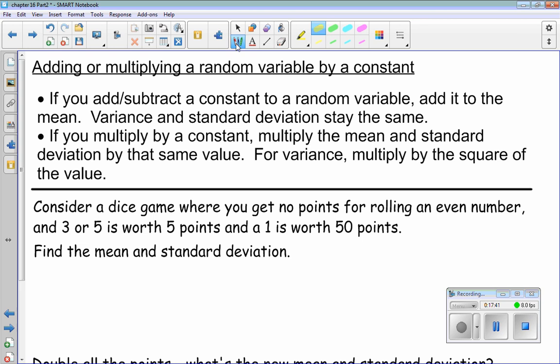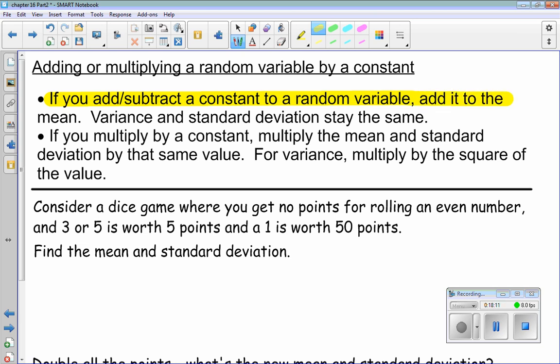All right. If you add or subtract a constant to a random variable. Now, when I say a random variable, what am I talking about? What we just did. We have to define it in a certain way, and we'll be defining what the random variable is in each of these cases. But if you take a constant and you add or subtract it, you're simply going to do the same thing to the mean.